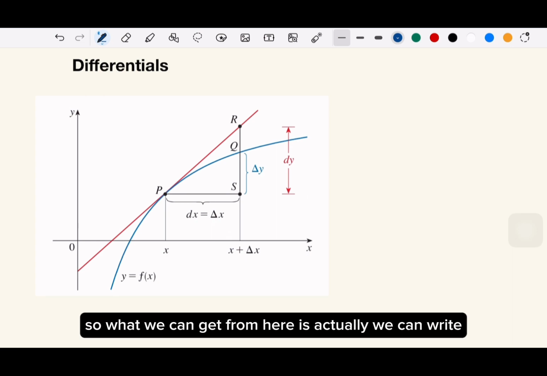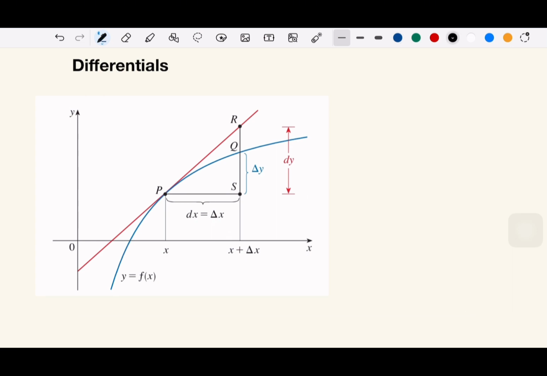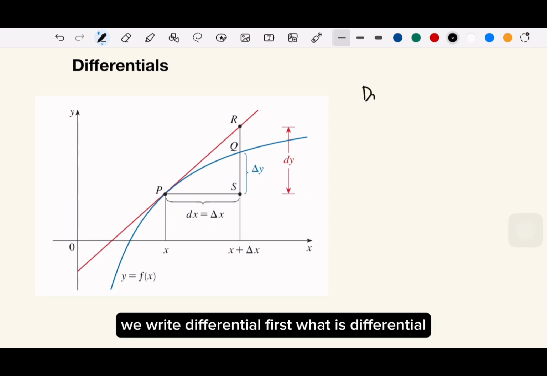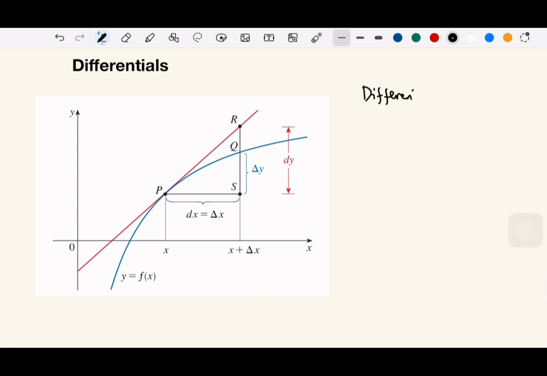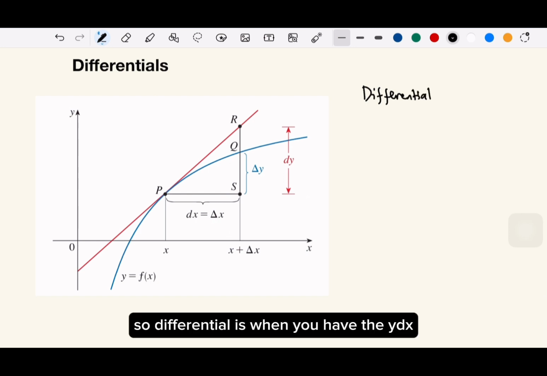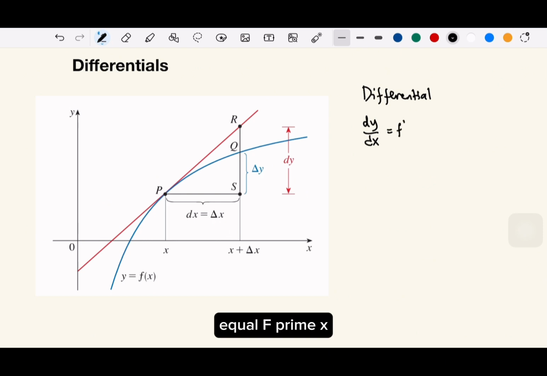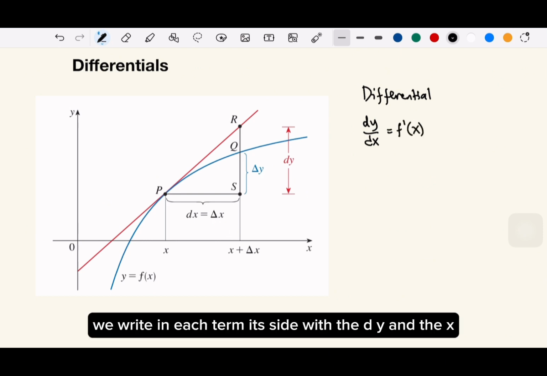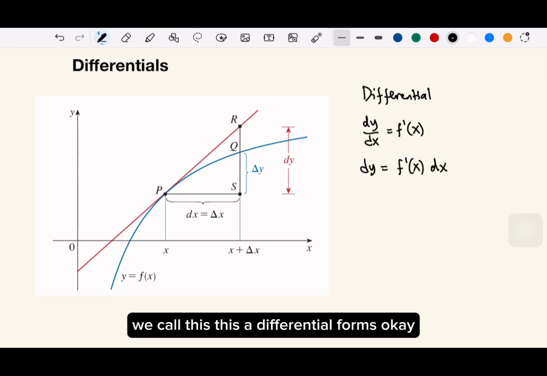So what we can get from here is we write the differential first. What is a differential? When you have dy/dx equal f prime of x, we write it in each term, each side with the dy and dx. We call this a differential form.